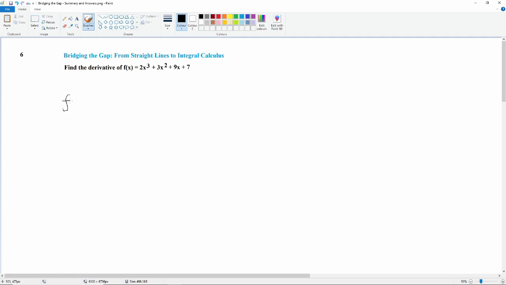So f prime of x is equal to 3 times 2 is 6, so that's 6x squared because the index comes down by 1, plus 2 times 3 is 6, and that's x, because x squared becomes x to the power 1, which is just x, plus 9x, well that's just 9, and then the 7 disappears, and that's our final answer.